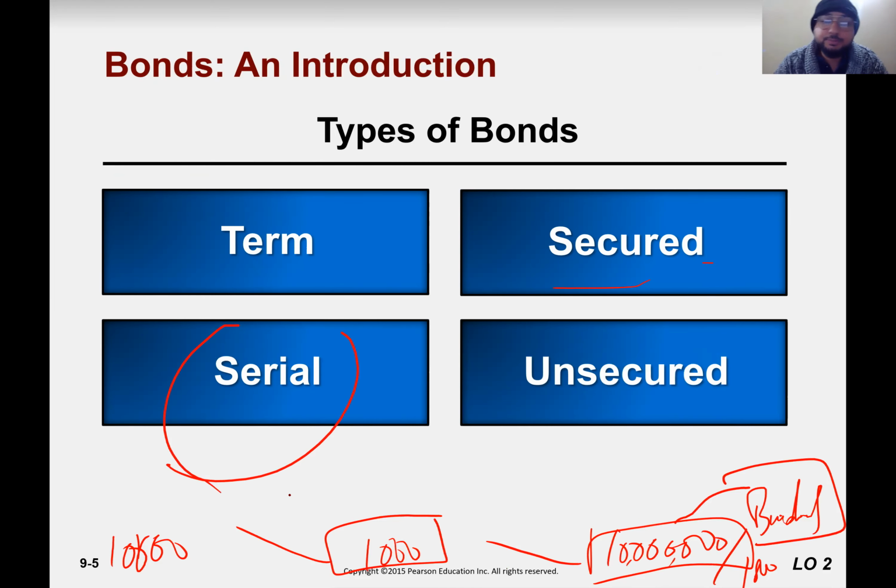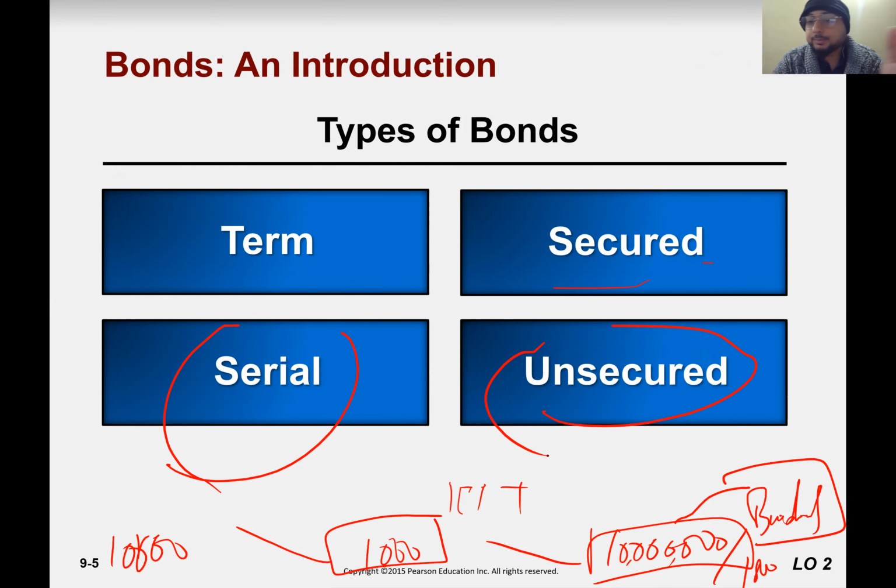Serial bond, like there is some kind of series behind that, in which they say that, okay, we are going to give you interest plus 10% of your principal back. So if you receive semi-annual payments, you will receive interest plus some portion of your principal back.